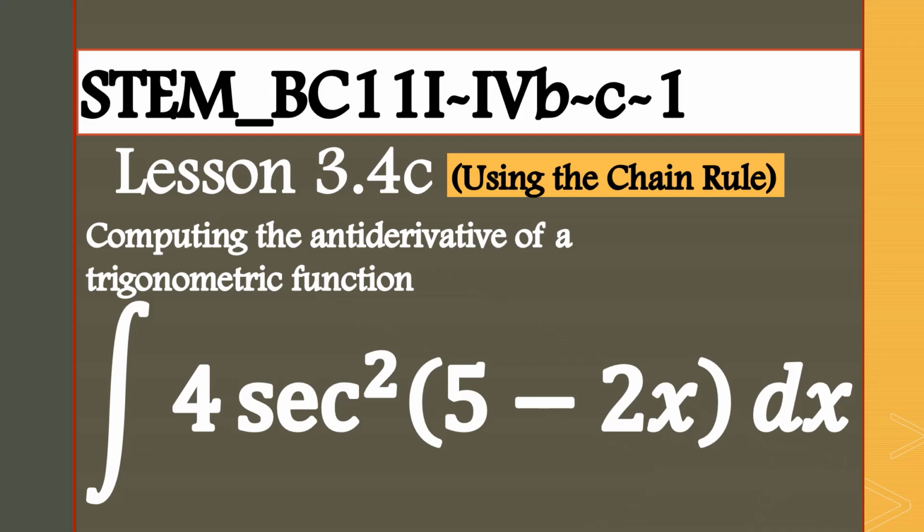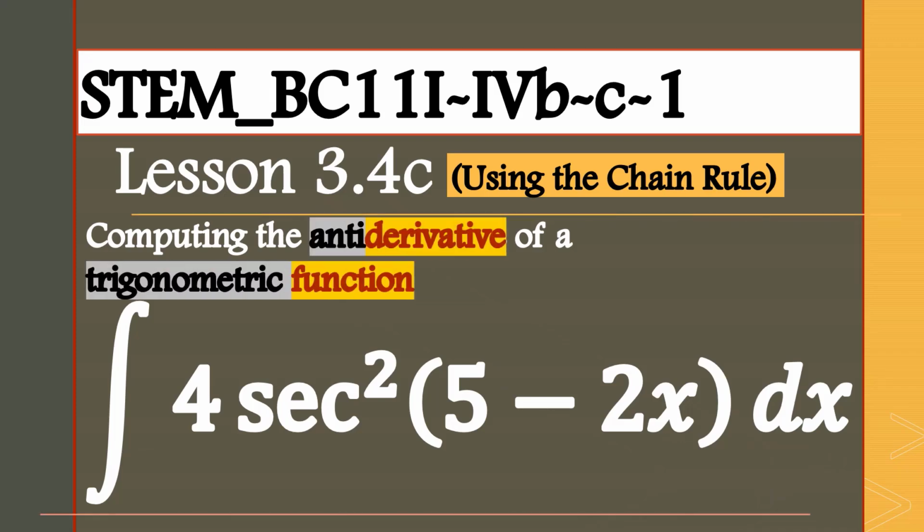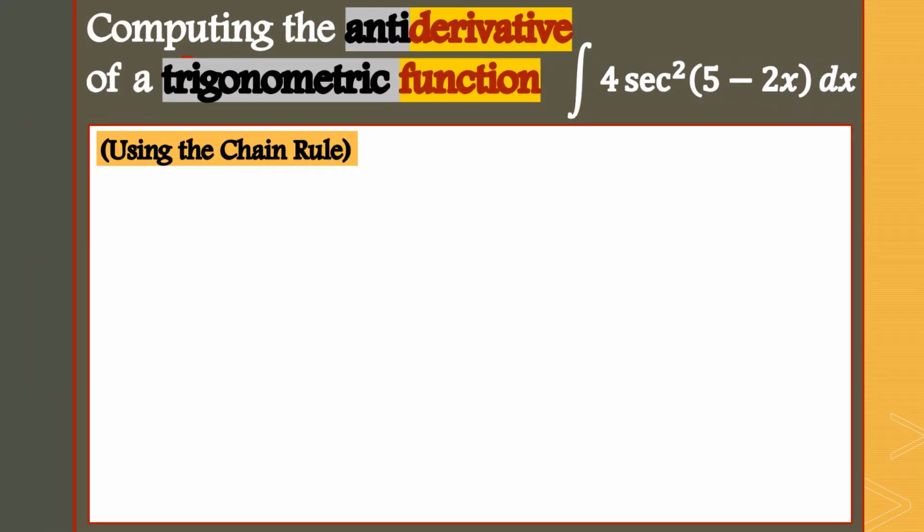Let's compute the antiderivative of this given trigonometric function using the chain rule. Looking into this given trigonometric function, we can see that our secant is actually being squared. Take note that when we say secant squared of any angle, this means that the entire secant function of x is being squared.